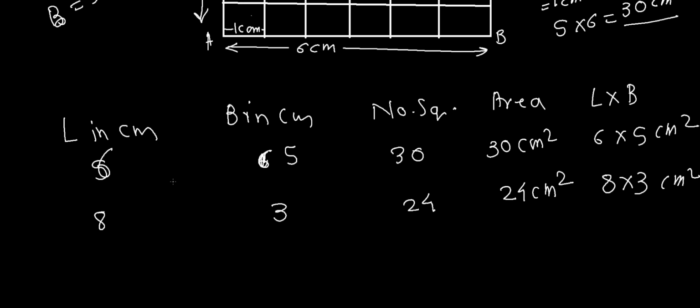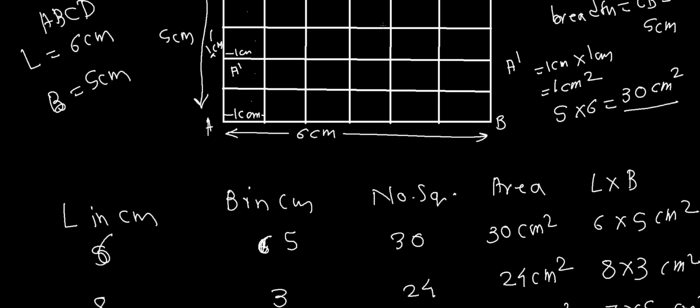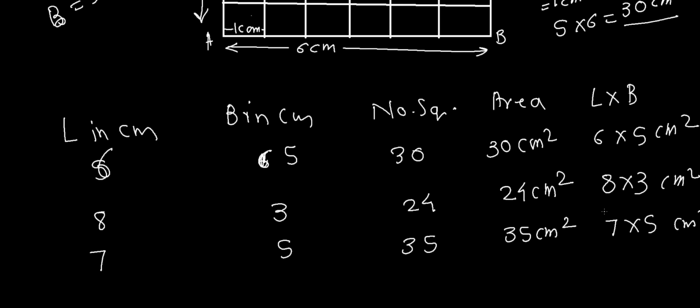Likewise, if we try with 7 centimeter length and 5 centimeter breadth, we get 35 squares. The covered area will be 35 centimeter square, and in terms of length into breadth it is 7 into 5 centimeter square. So can you observe a general pattern? You can verify this with the method we have discussed here.